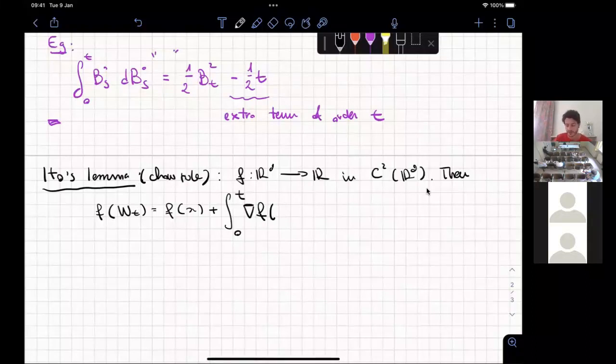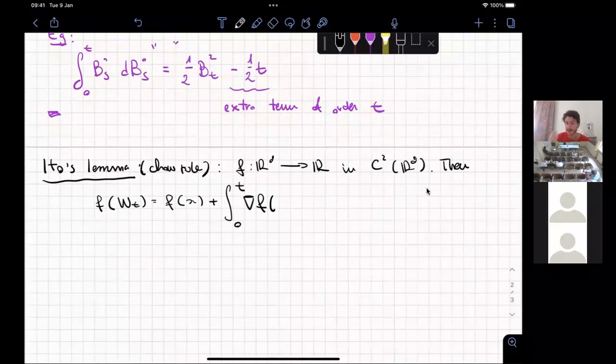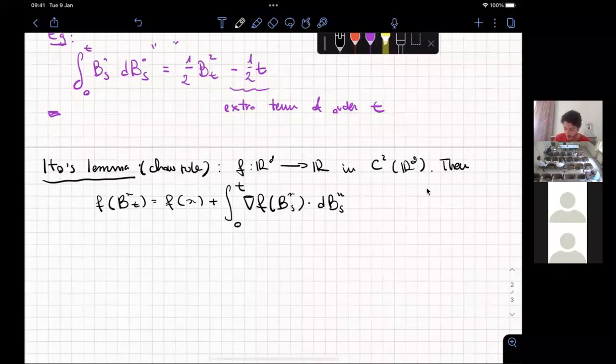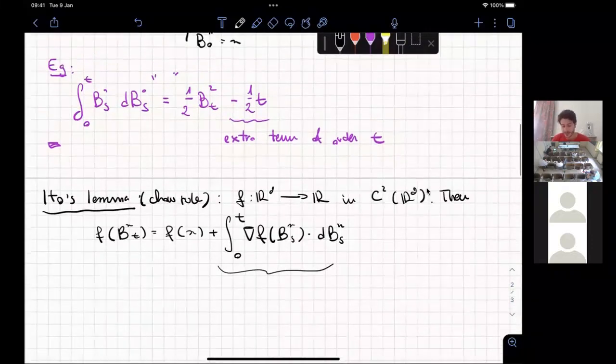If you are in 1D, this is just the first derivative of f, and f is deterministic, so this is a deterministic derivative, evaluated in B, times the differential dB, and this is a stochastic integral of this kind.